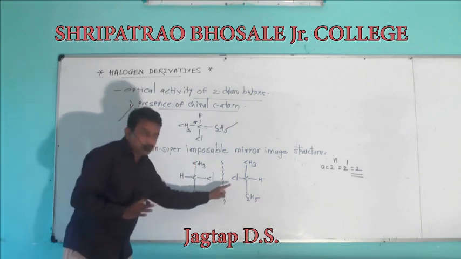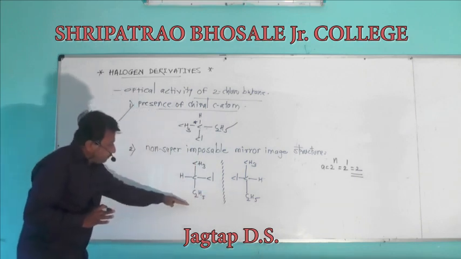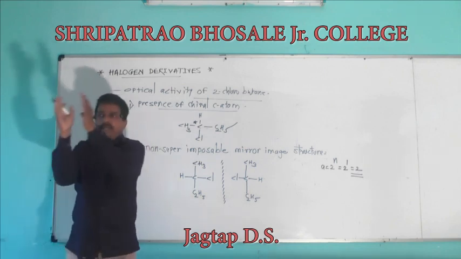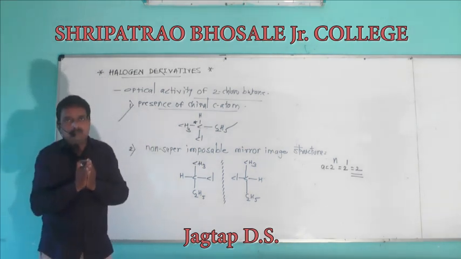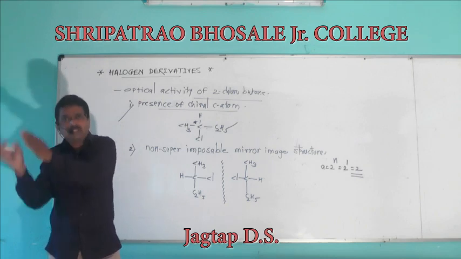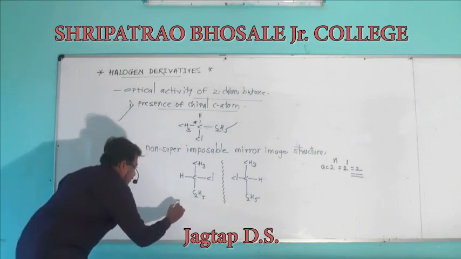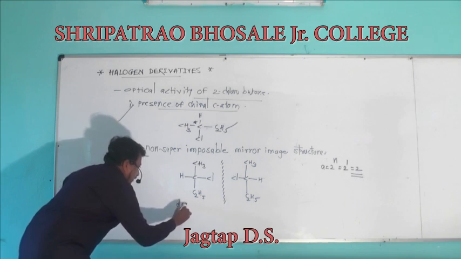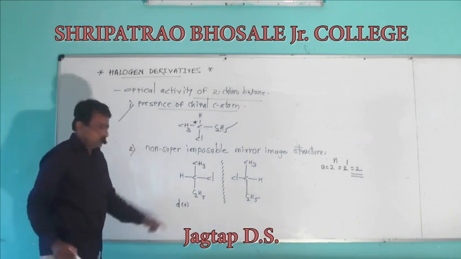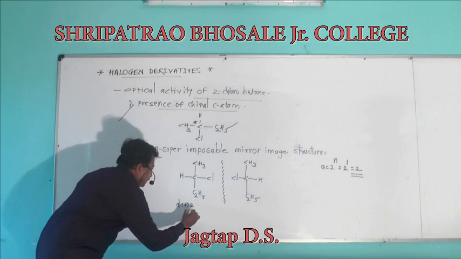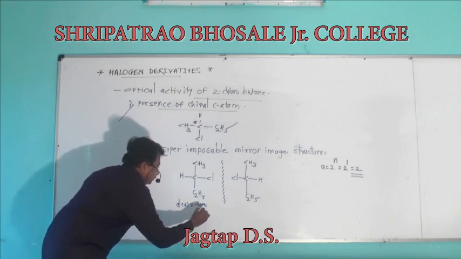One isomer rotates plane polarized light towards the right side, that is clockwise. Such an isomer is known as the dextro isomer. It is denoted by small d or plus sign. So one is d-2-chlorobutane.